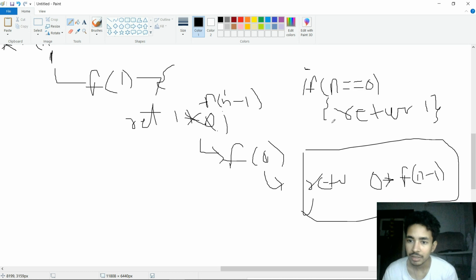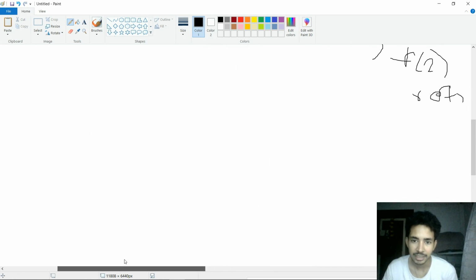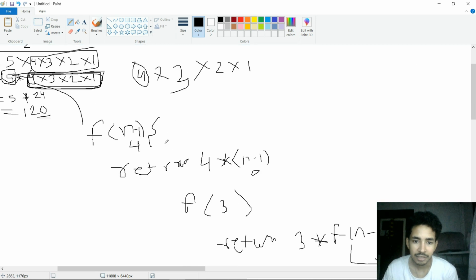Okay, so here the 1 will come, and if this condition is satisfied, then the loop, which would otherwise go to f of 0 minus 1, so f of minus 1, is stopped. This is the condition we will give here: if n equals 0, then return 1.